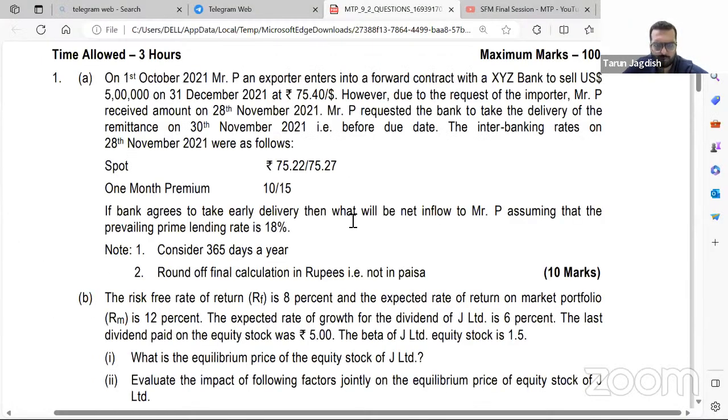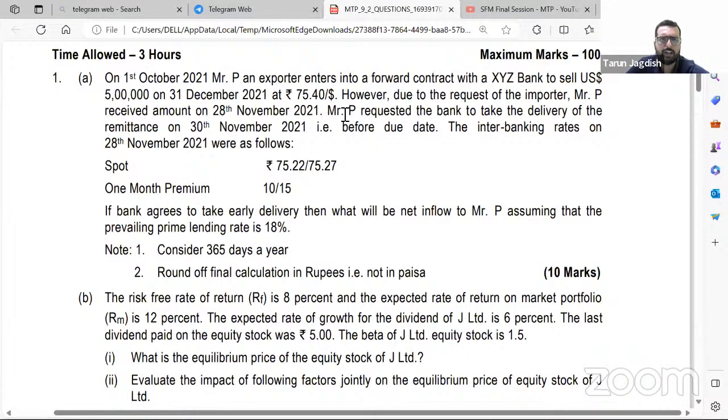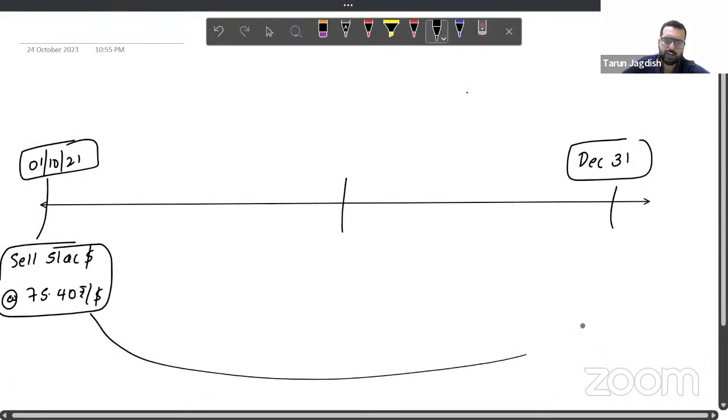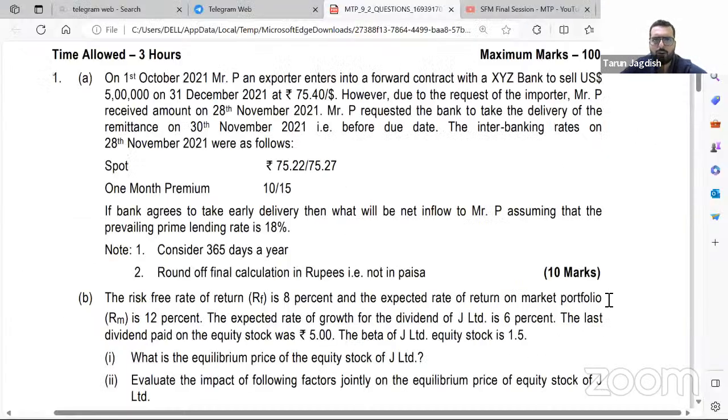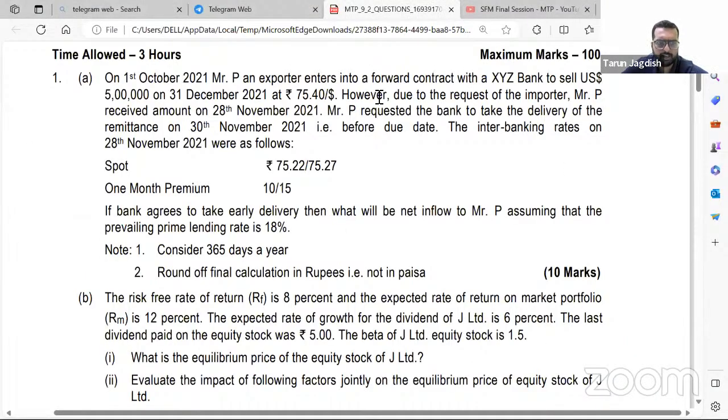After that, they have told that this is supposed to fall due on what date? On 31 December. It was the original due date. All right. Now what is happening? This fellow has got the money on November 30th itself. So that's only 2 months over. Correct? Today is October 1st.